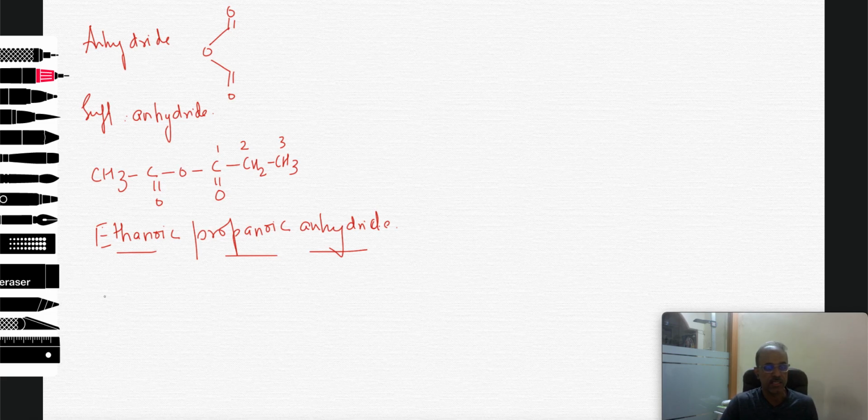Fine. Similarly, another example we will take. Suppose we take a double bond here, 1, 2, 3, and like that here it will come 1, 2, 3.